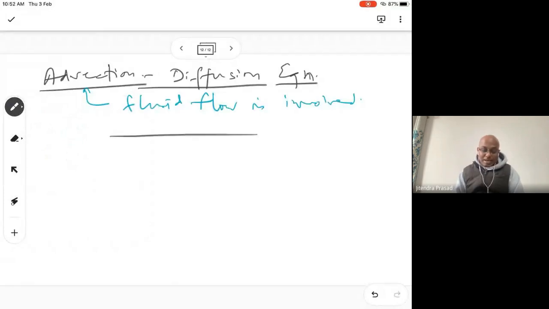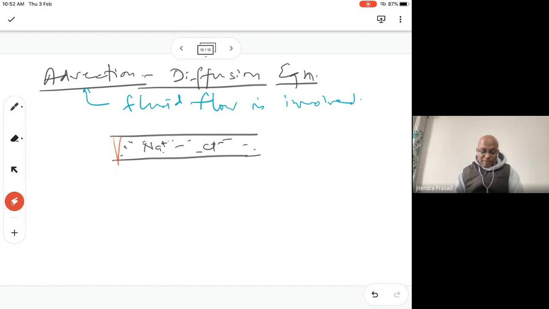Let us say you have a 1D pipe or something like that, and there is a fluid flowing. Inside that there will also be some ions, let us say Na plus and Cl minus.